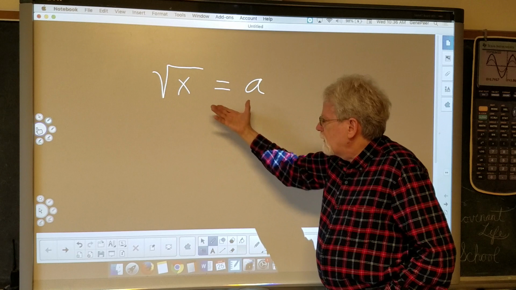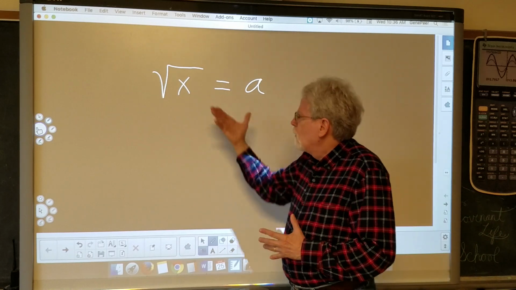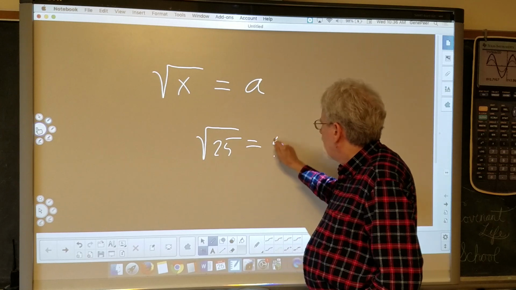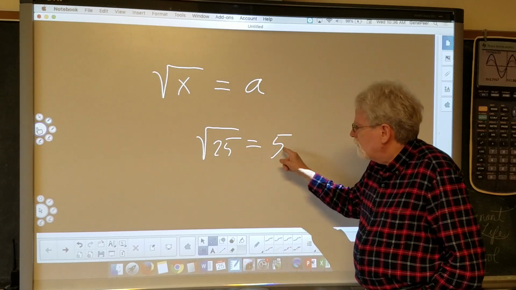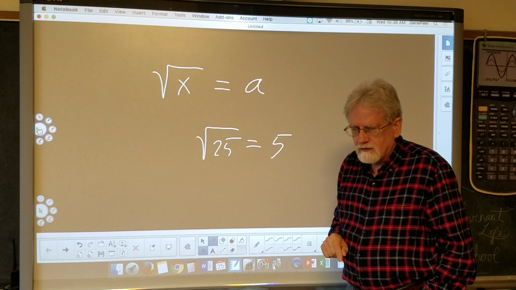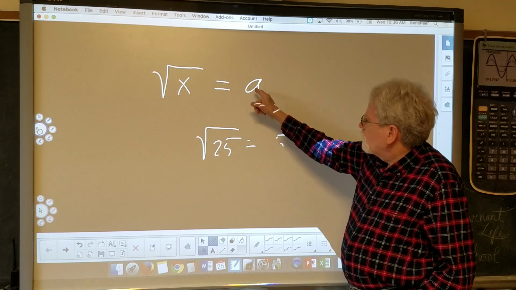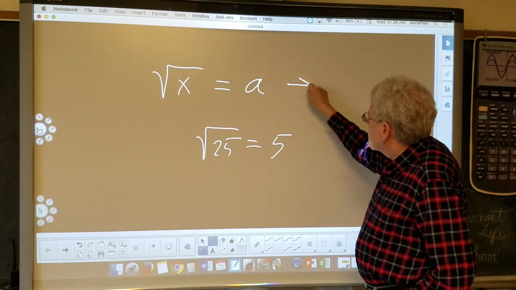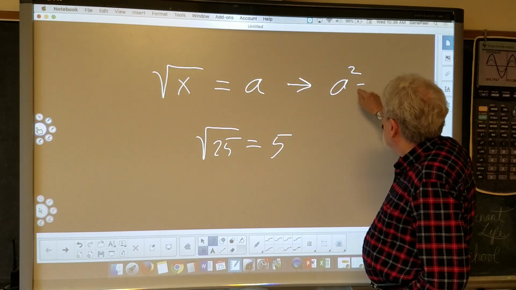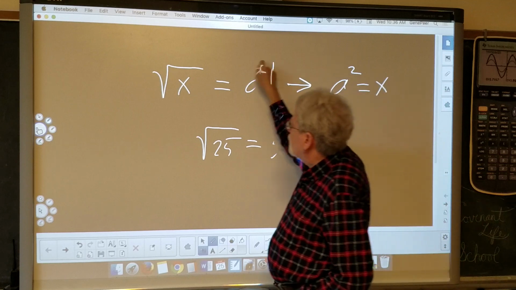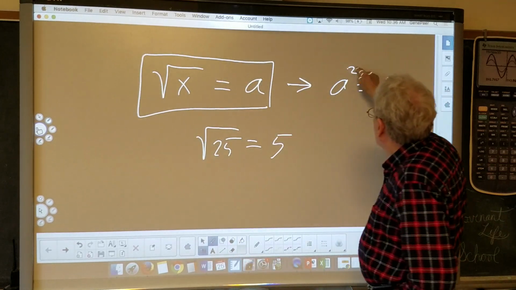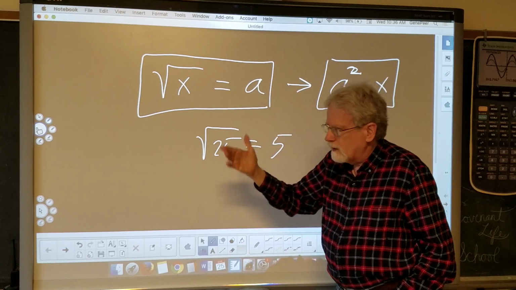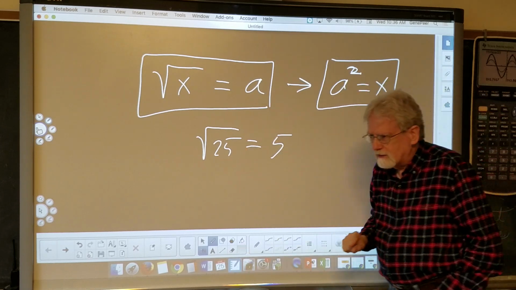And ask you to put that into exponential form. What does this mean? Well, what does the square root of 25 equals 5 mean? It means 5 squared is 25. So what does this mean? It means a squared equals x. So your answer here would be a squared equals x. If they ask you to put this into exponential form, it means to write a squared equals x. More on that later.